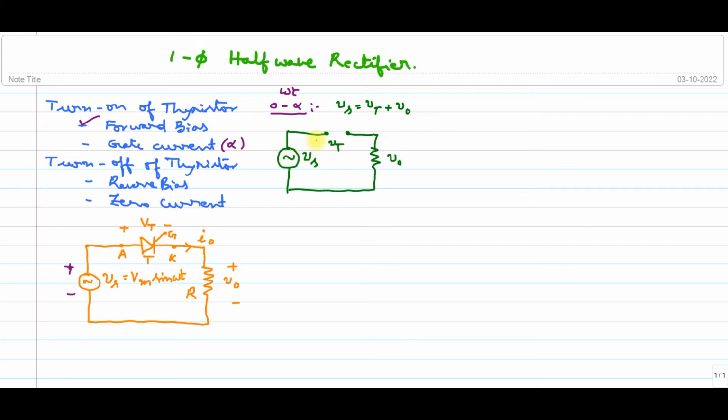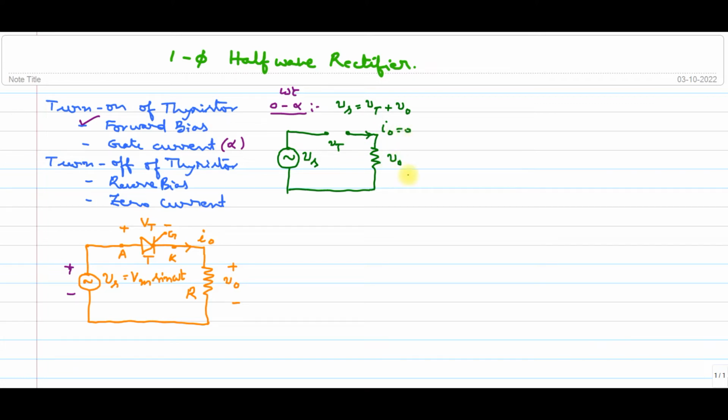As there is no current flowing in this circuit, because we are not providing any gate current, the thyristor will remain in off state, or blocking state. There is no current flowing through this, so I0 will be 0.